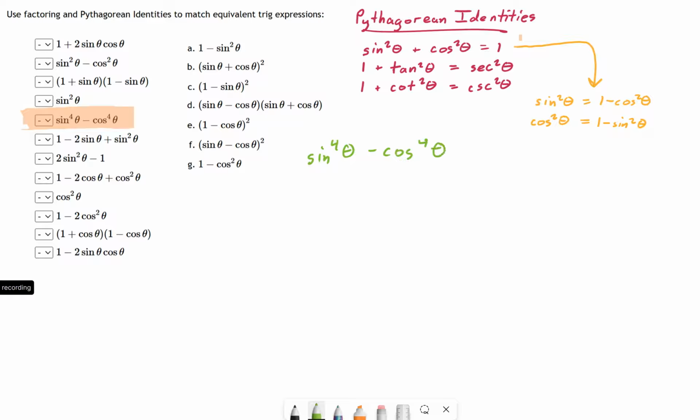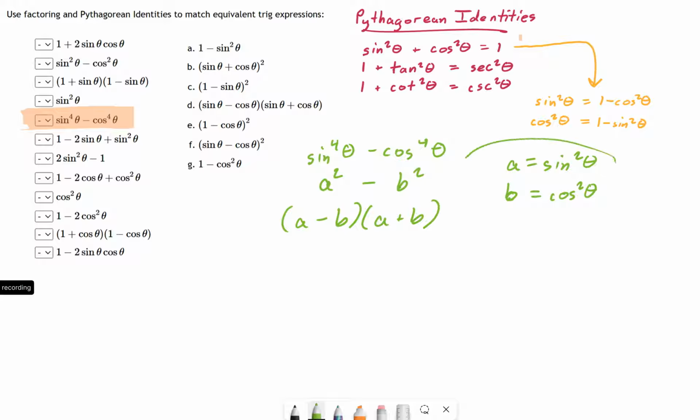And let's try to think about this as a u substitution problem, where I've got basically a squared minus b squared. Well, what's a? A is equal to sine squared. And what's b? B is equal to cosine squared. And if you remember what this factors to, a minus b, a plus b. That's the difference of squares right there.